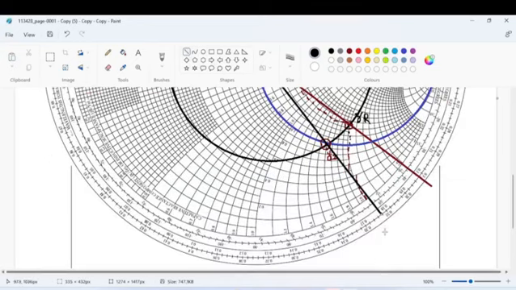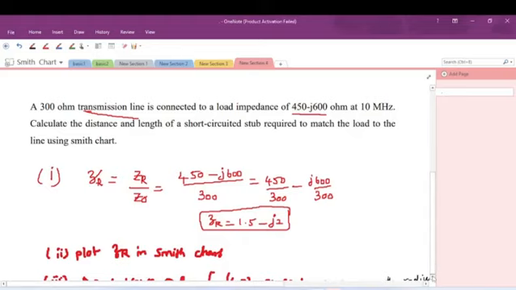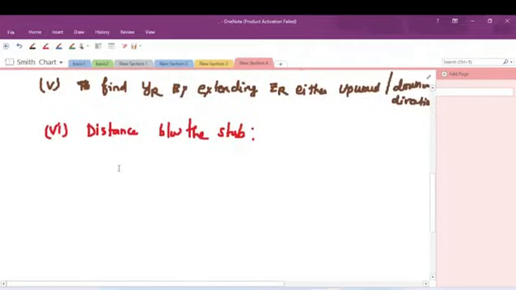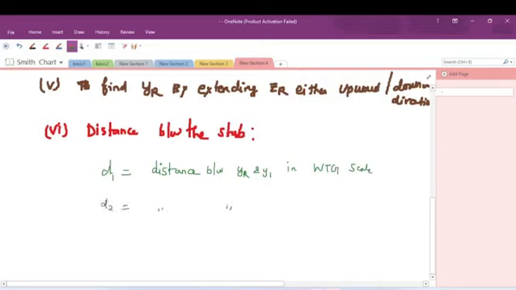For finding the distance d1, d1 is the distance between YR and y1 on the WTG scale, that is, wavelengths towards generator scale. And d2 is the distance between YR and y2 on the WTG scale.